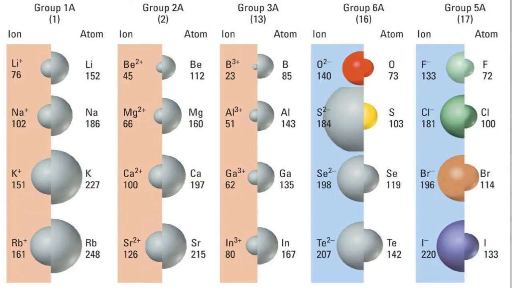What is ionic radius? See, you already know that ions are of two types, cations and anions. So again, how is a cation formed? When you lose an electron from an atom, when you remove it from an atom, a cation is formed. And when you add an electron to an atom, an anion is formed.